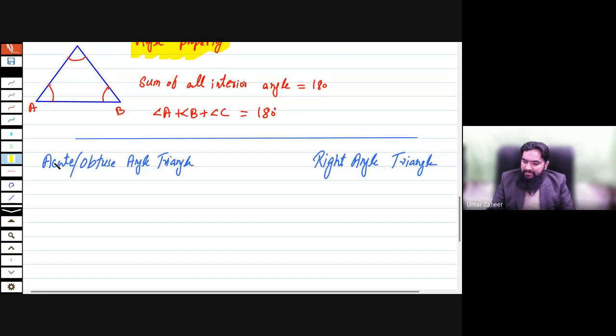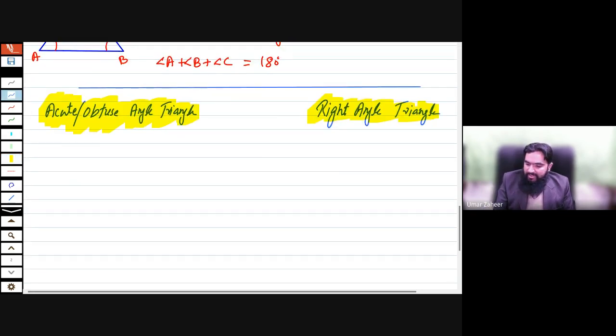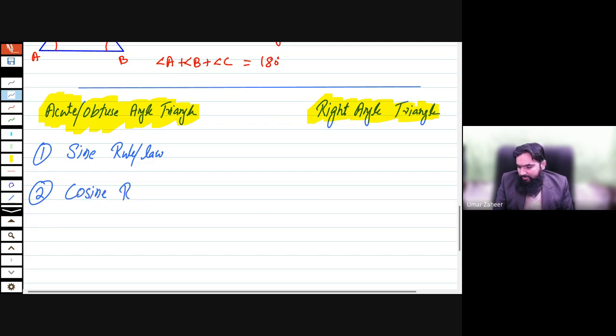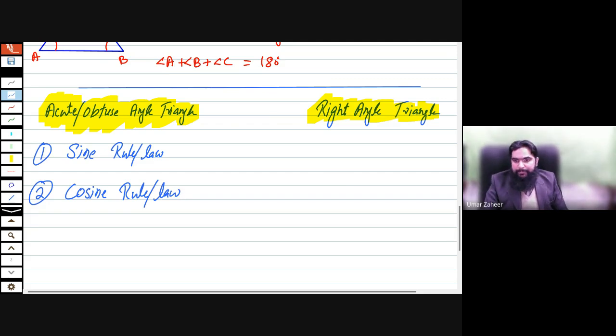Now, for example, the examiner gives you a triangle that is acute or obtuse. So you have two options: the first is the sine rule or sine law, and the second is the cosine rule or cosine law.